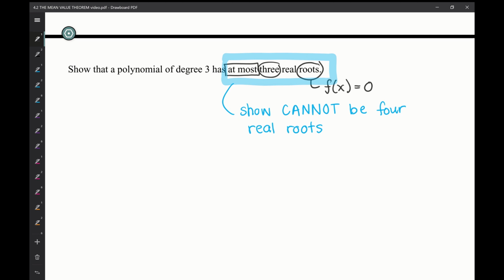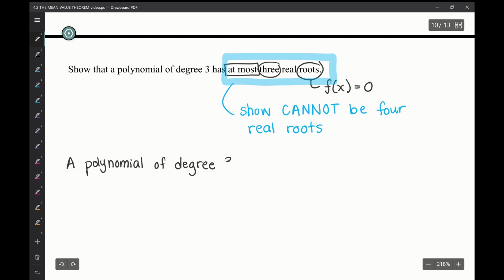So let's start with the hypotheses that we know are already fulfilled just by having a polynomial of degree 3. So a polynomial of degree 3, which we're going to use f of x is equal to ax cubed, degree 3, plus bx squared plus cx plus d.